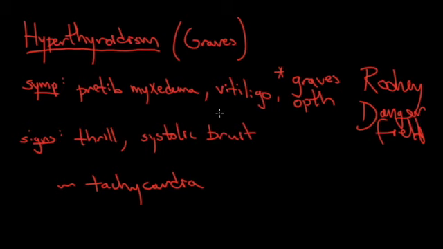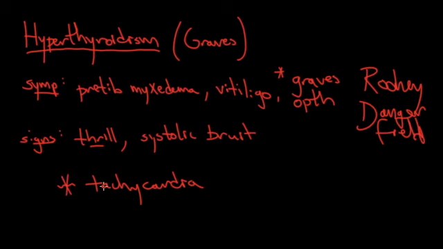Okay, so what about signs of hyperthyroidism? We can look for a thrill, which is basically a vibration felt without talking. And then a systolic bruit over the thyroid gland, which is basically a swooshing from turbulent blood flow over that gland.